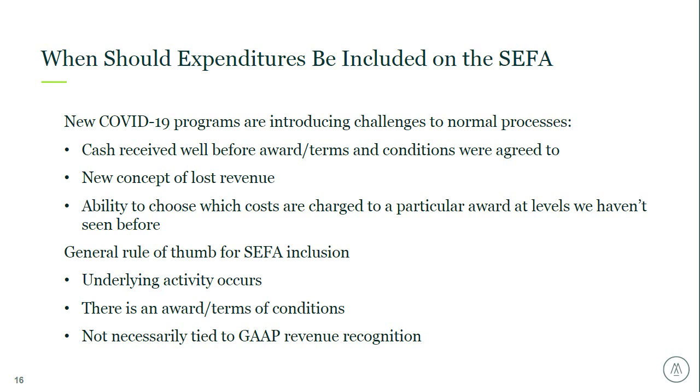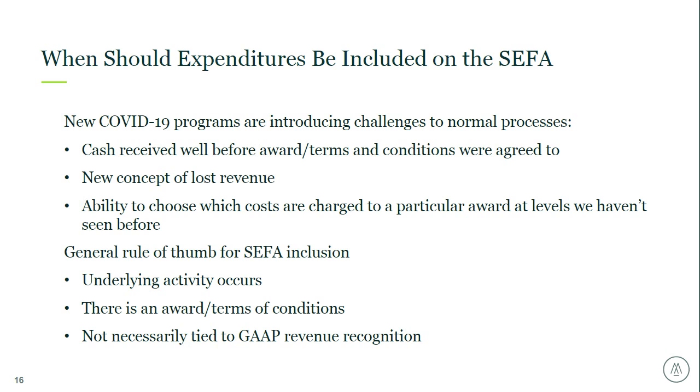Your organization may have received cash well before the award or related terms were agreed to. There is this new concept of receiving funds for lost revenue. And what exactly does that mean? Your organization may have a more flexible opportunity to choose which costs are charged to a particular award at levels we have never seen before.